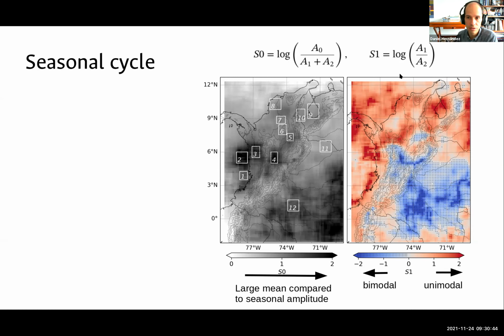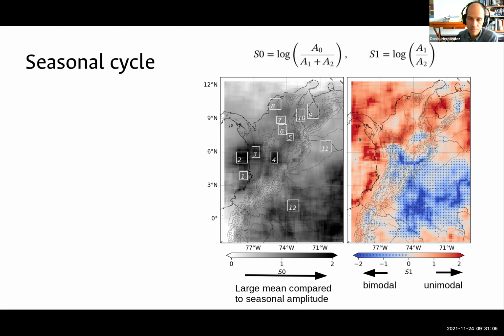So it's clear that you have to the north a more unimodal regime, which is what you would expect because the ITCZ just reaches there once a year. And then in between you would have a bimodal distribution because you have the ITCZ once going to the north, once going to the south. And to the south, again, it starts becoming red, so just more unimodal.